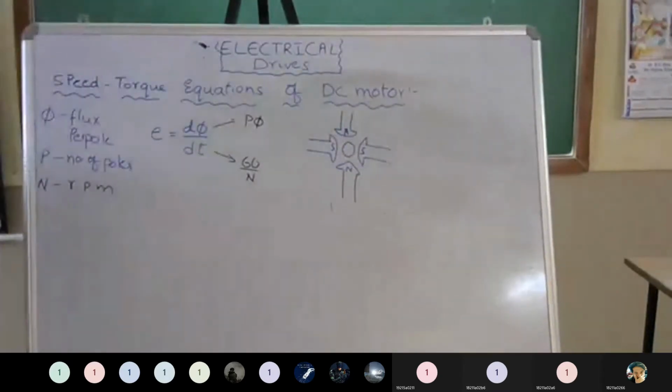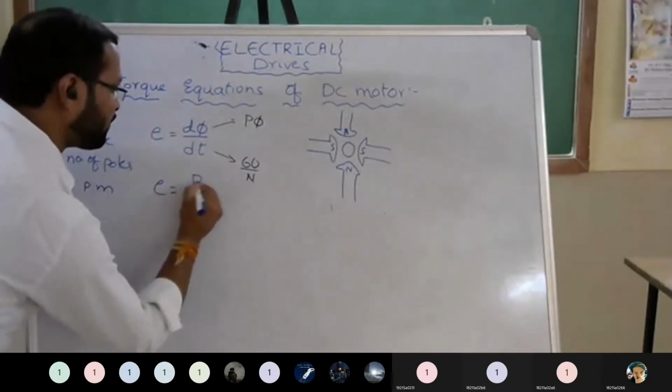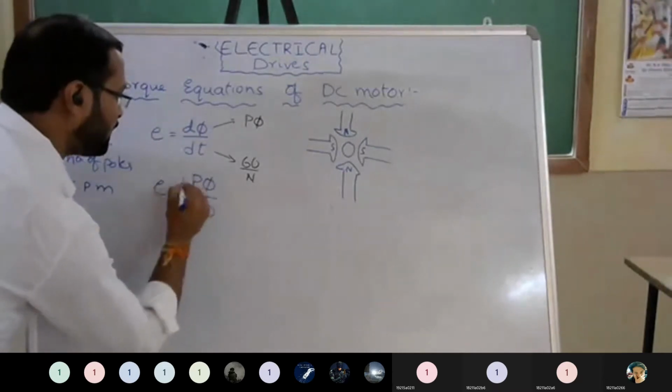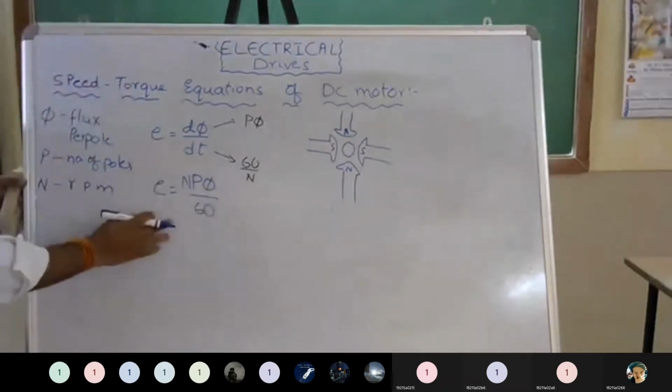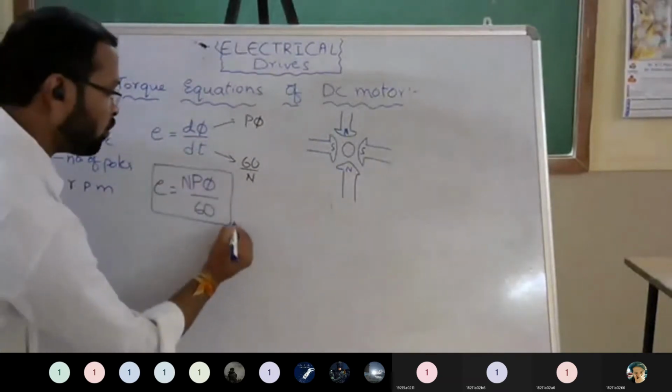Now E is equal to d phi by dt, which is P phi divided by 60 by N. Clear? Up to here, this is the EMF generated by one conductor.